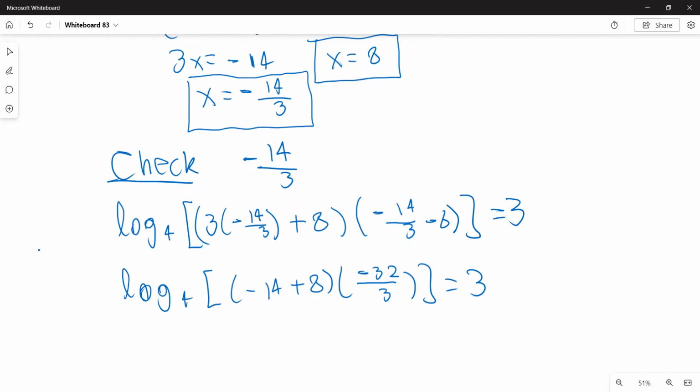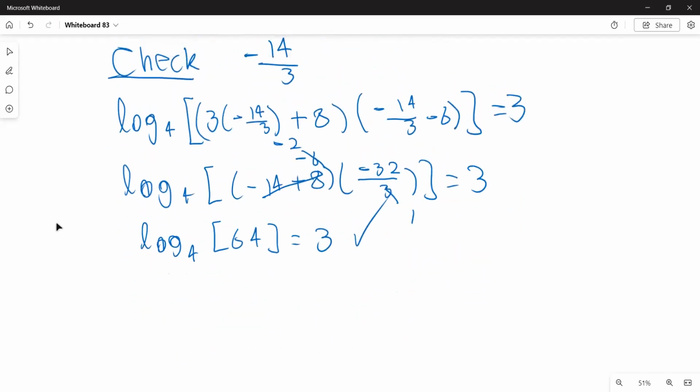Negative 14 plus 8 is negative 6. So all this becomes logarithm with base 4 of negative 6 times negative 32 over 3. Negative 6 over 3 is negative 2, and negative 2 times negative 32 is going to be positive 64. Logarithm with base 4 of 64 is indeed 3.